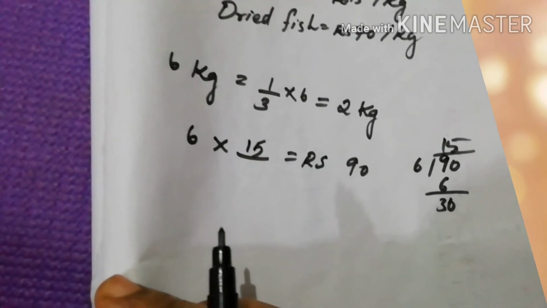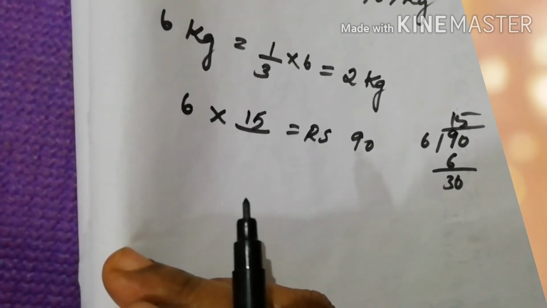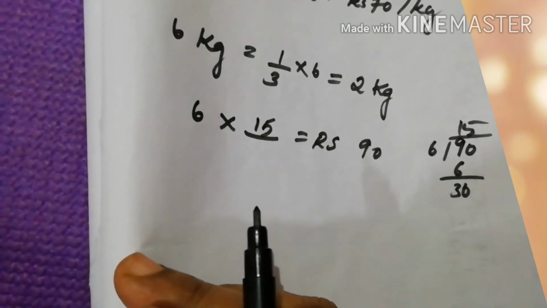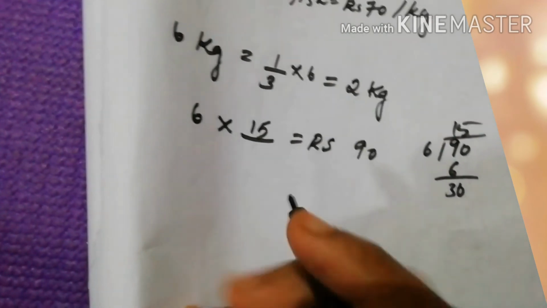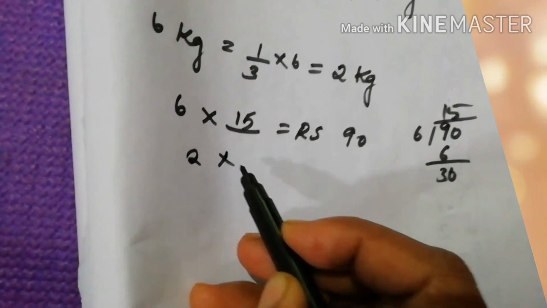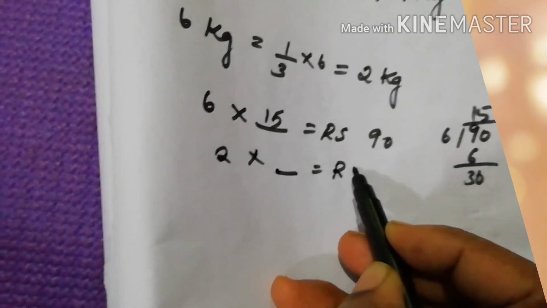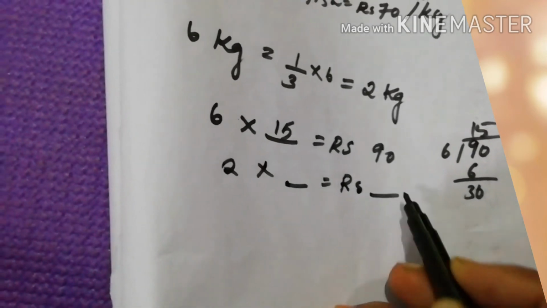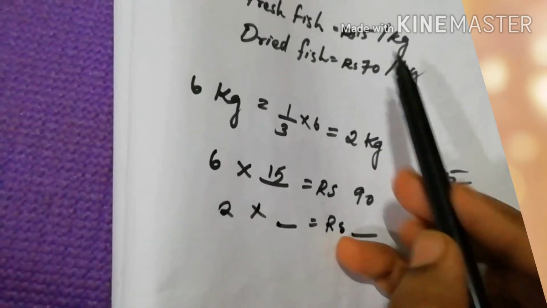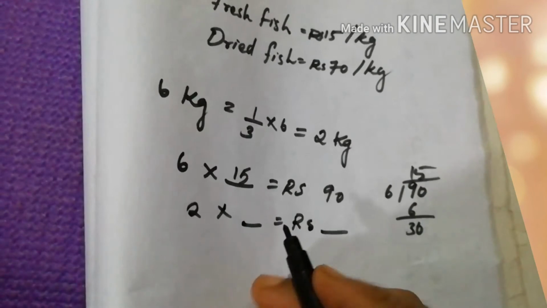Okay. The next question. We will sell 2 kilogram dried fish and get rupees dash. Okay, we know that the value of dry fish is 70 per kilo.